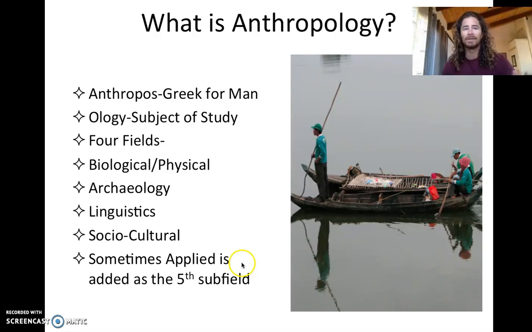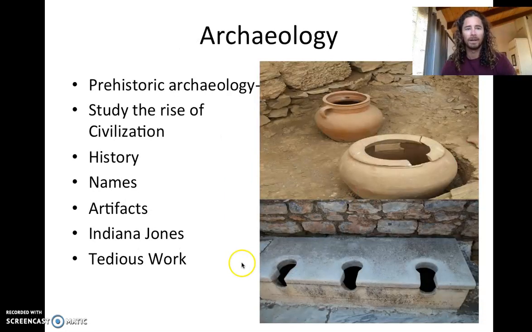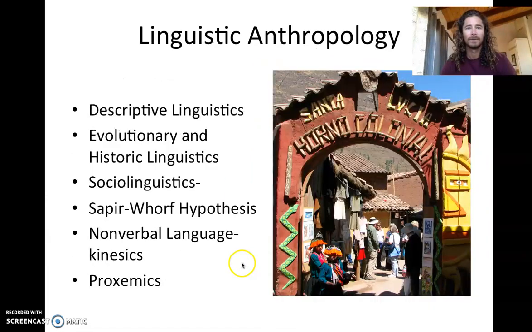And remember, these are the 4 subfields, and I'll just kind of run through the slides here. Physical anthropology, these are all those things. Archaeology, linguistics, Sapir-Whorf hypothesis, I should probably explain a little bit. That's that language determines thought and behavior, and sociolinguistics is that culture determines language.